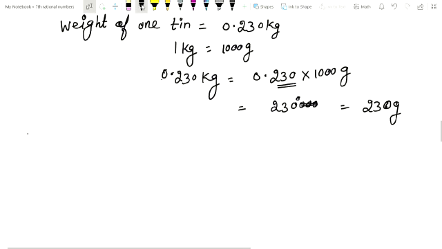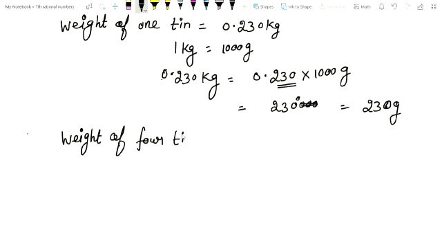Next, we are going to find the weight of 4 tins equal to 230 gram into 4. 4 into 0, 0. 4 threes are 12, 2 remaining 1. 4 twos are 8, 8 plus 1, 9. 920 gram.